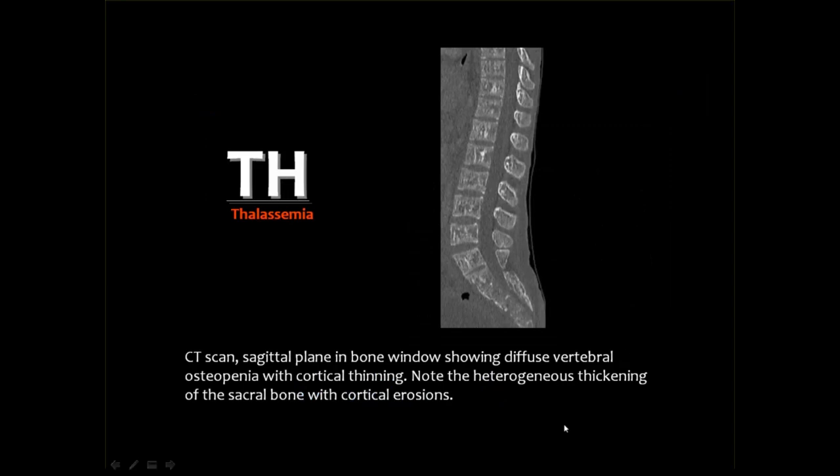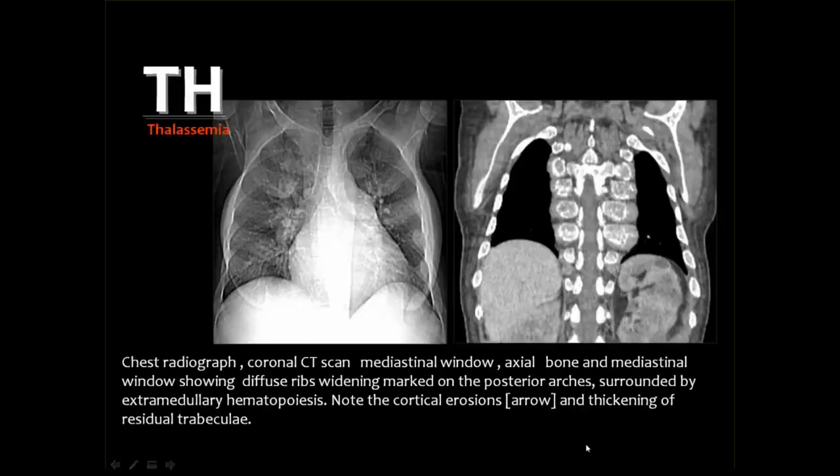ribs. And here you can see the significant or the evident diffuse decrease in bone density with resorption of some of the trabecular bone and the coarsening of the primary trabeculae.